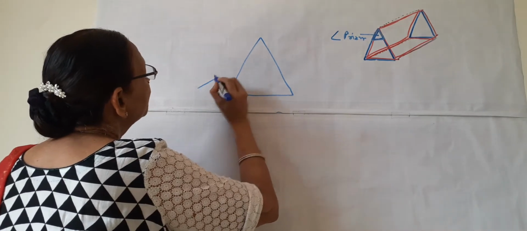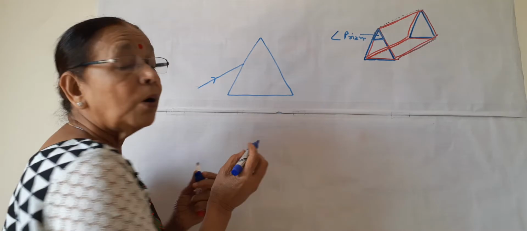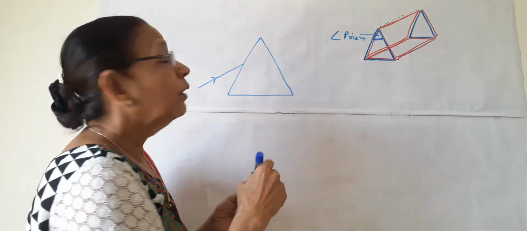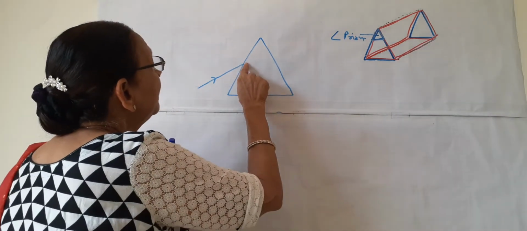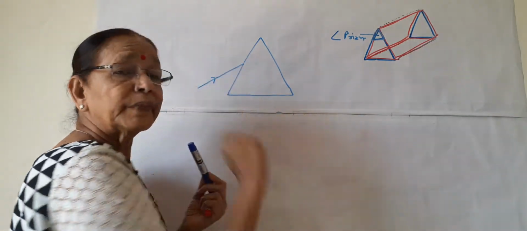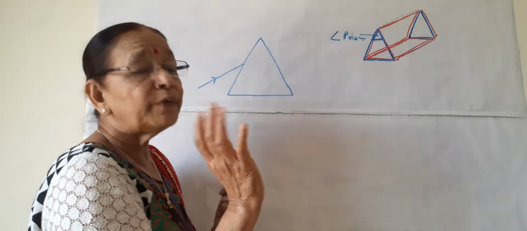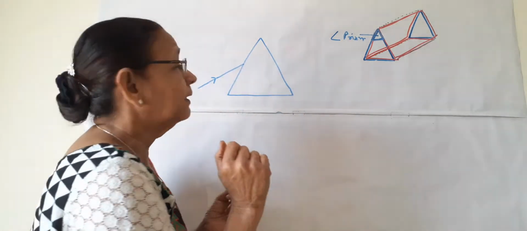Suppose this white light is incident again on this surface. What will happen? At this surface, this is the rarer medium, this is the denser medium. So what will happen? This white light is made up of 7 colors.